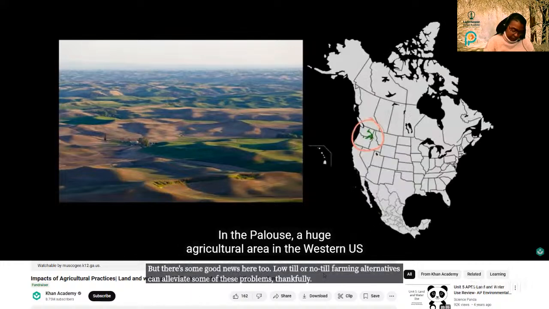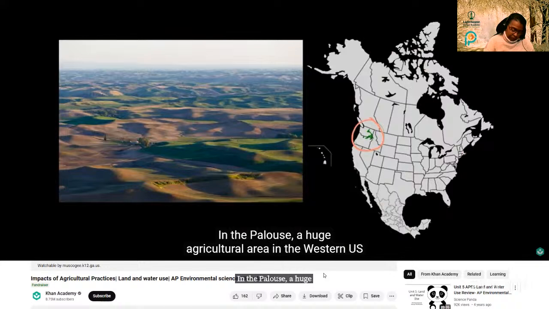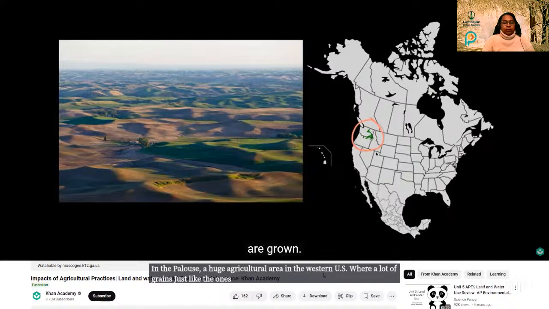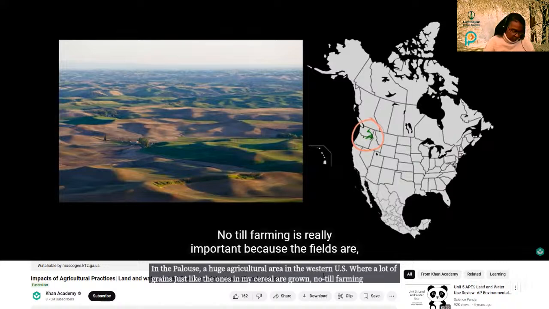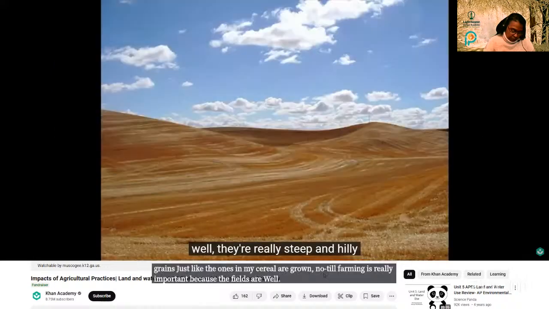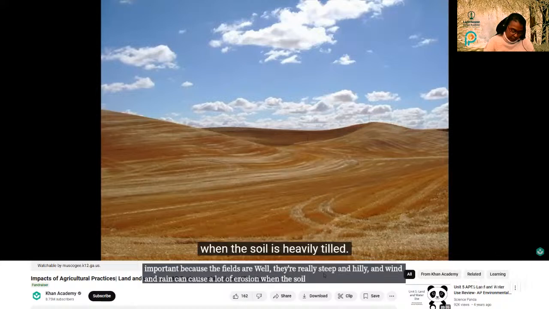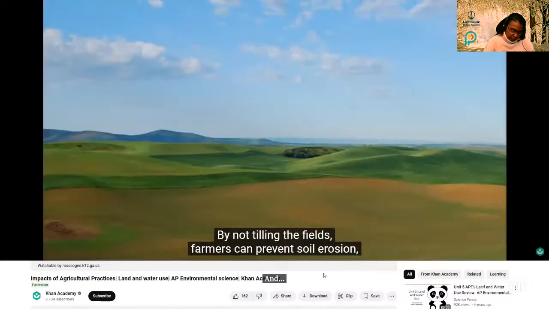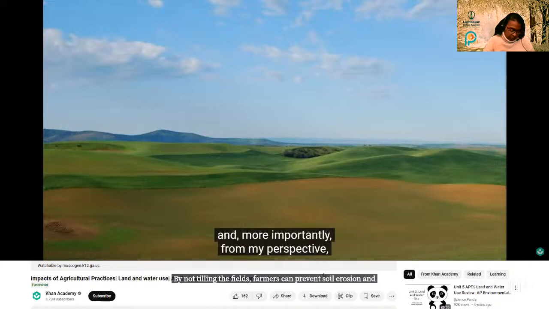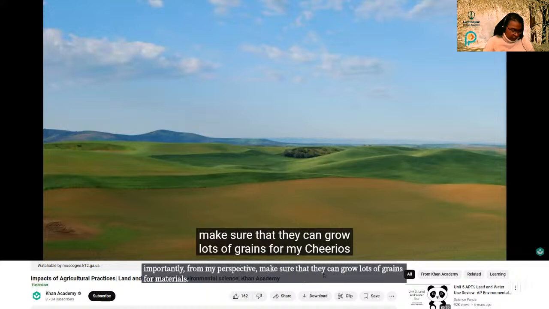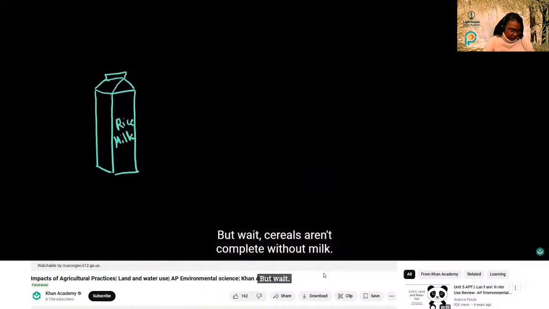In the Palouse, a huge agricultural area in the western US where a lot of grains, just like the ones in my cereal, are grown, no till farming is really important because the fields are, well, they're really steep and hilly, and wind and rain can cause a lot of erosion when the soil is heavily tilled. By not tilling the fields, farmers can prevent soil erosion and, more importantly, from my perspective, make sure that they can grow lots of grains for my Cheerios. But wait, cereal isn't complete without milk.